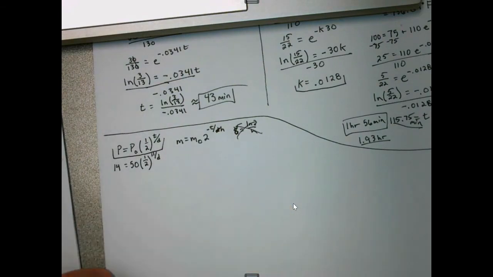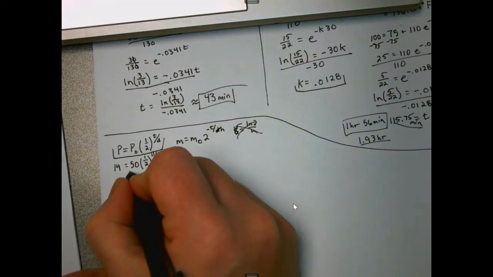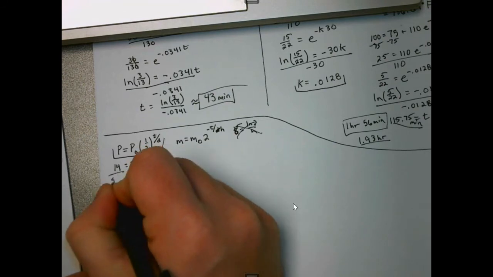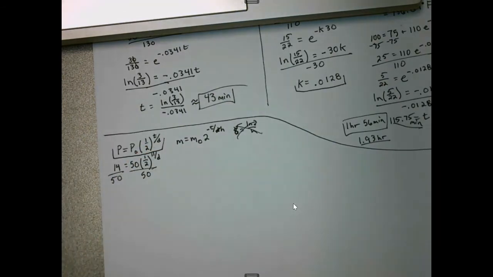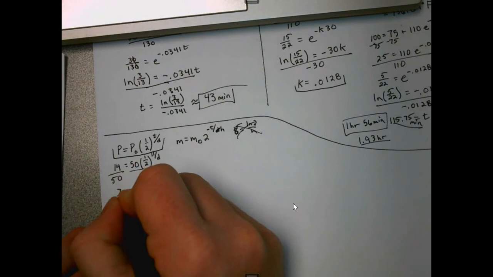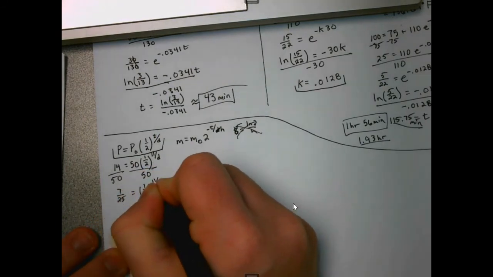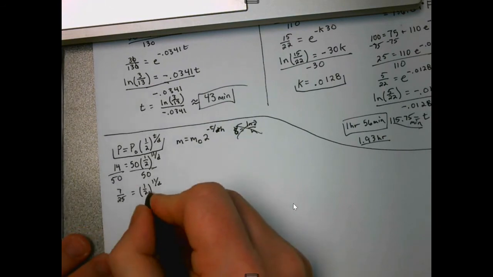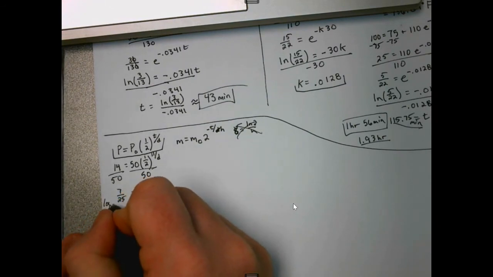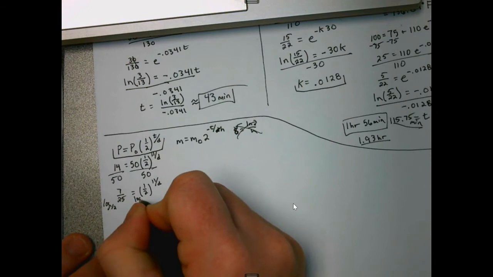Okay, so solving this, we're going to divide by 50. So 14 over 50 would be 7 over 25 equals 1/2 to the 11 over D. We're going to take the log base 1/2 of both sides.